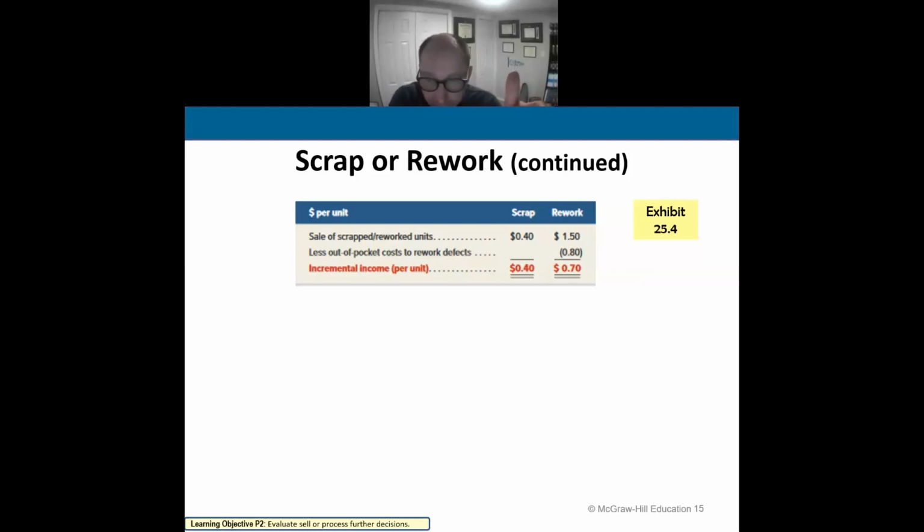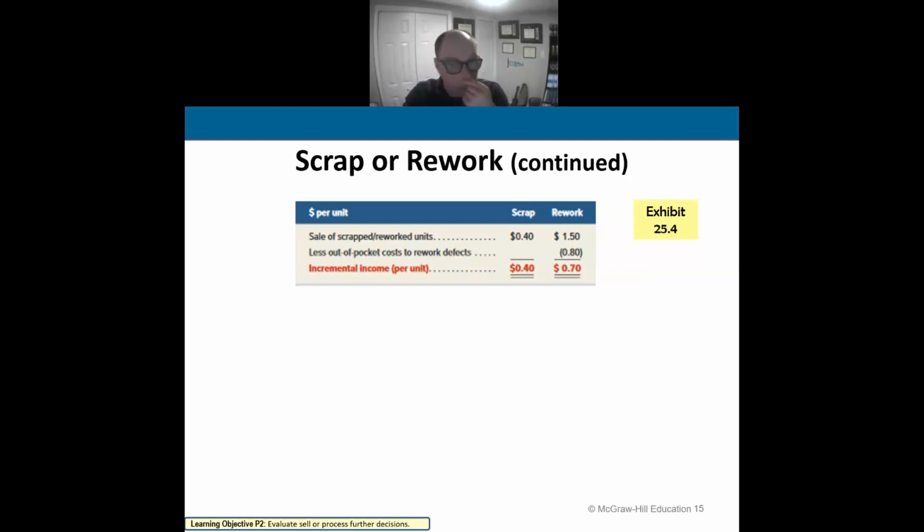But the difference here is that the two alternatives that we're looking at is, do I scrap it, meaning I'm going to throw out these wiper blades, they no longer work, and I'm just going to get the scrap value. I'll get my 40 cents by scrapping it. I'll scrap the rubber and the plastic. Versus reworking it, it'll cost me an additional 80 cents, but I can resell it for $1.50.